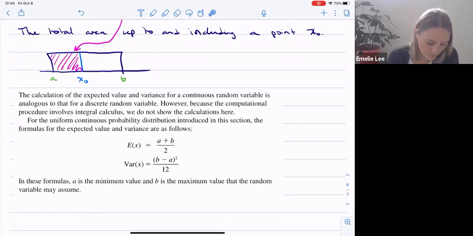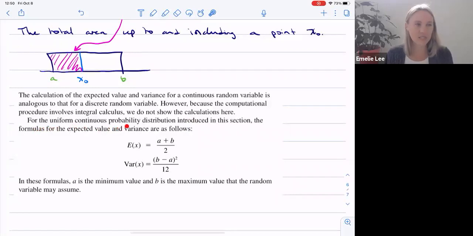Okay, so we could find the expected value of X and the variance of X, but the computational procedure involves integral calculus, so we're not going to show those calculations here, which means you don't have to worry about that. You could get into it if you want to, but no, thank you.